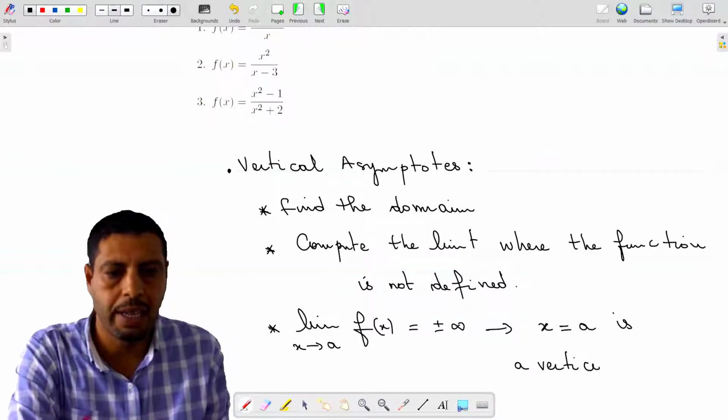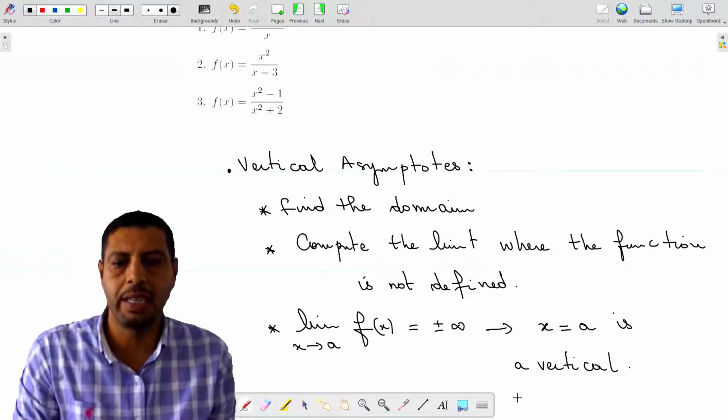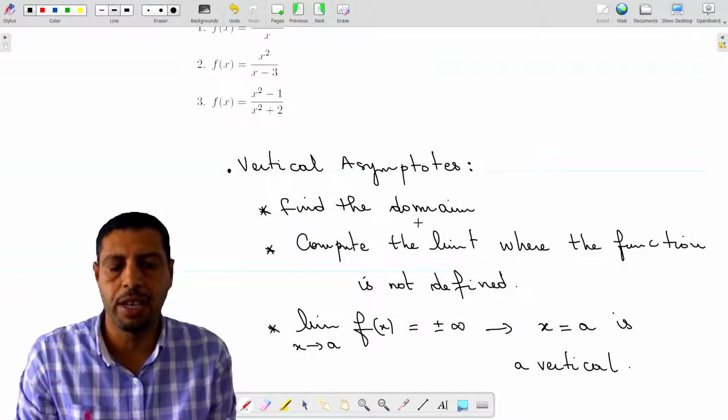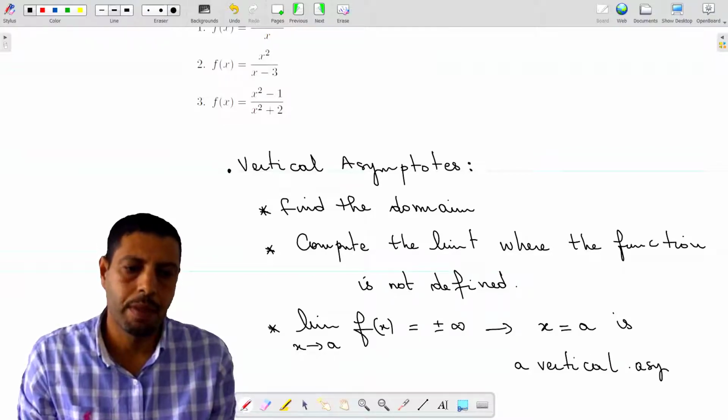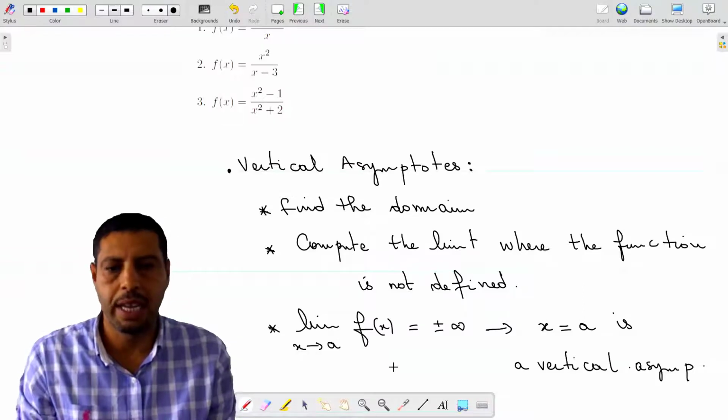First of all, identify the points where the function is not defined by finding the domain of your function. Then compute the limits where the function is not defined. It means at these points. And then if the limit is infinite, it means plus or negative infinity, you conclude that the equation x equals A is a vertical asymptote. Okay, this is for vertical asymptotes.